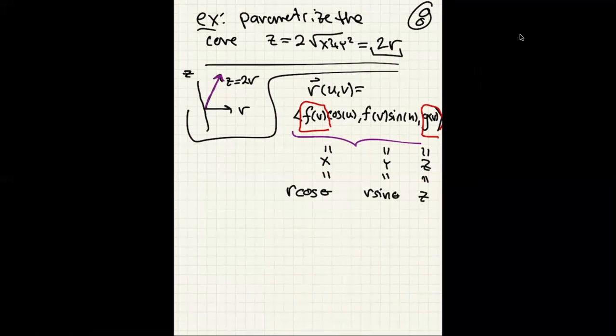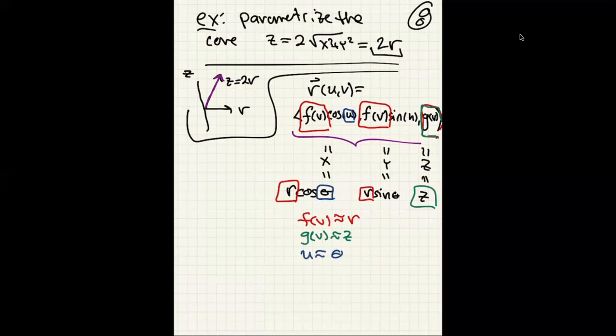So what you're seeing is that f of v is playing the role of r. I want to use a different color. g of v is playing the role of z. Let's say blue, and then u is playing the role of theta. It's a whole bunch of different ways to look at all these things.